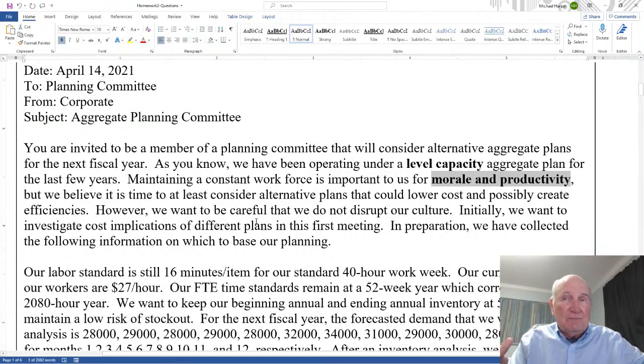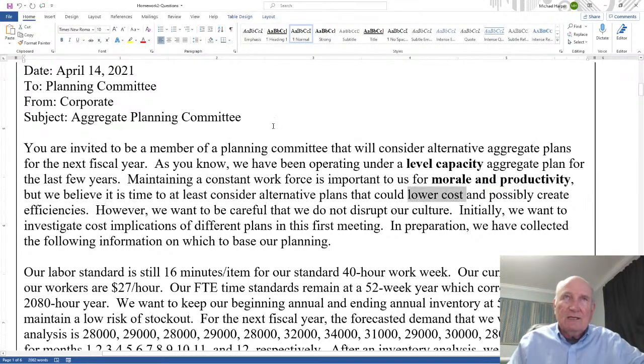So they're saying alternative plans, but they're going to have to go back and look at the level plan that they've been having, and also the morale around that plan and the productivity around that plan to see what changes there are, because they're going to be asking us for a comparative analysis. We believe it is time to at least consider alternative plans that would lower cost and possibly create efficiencies.